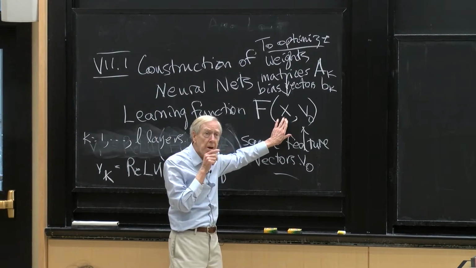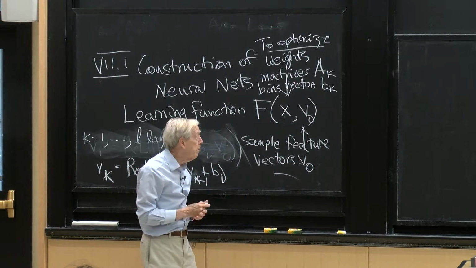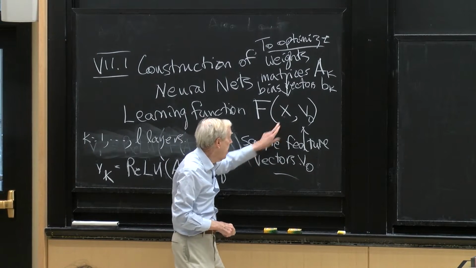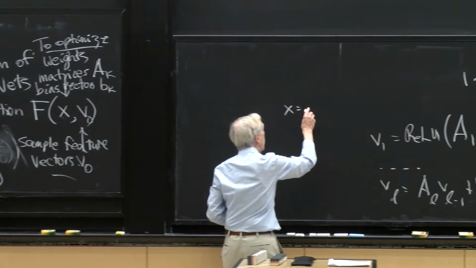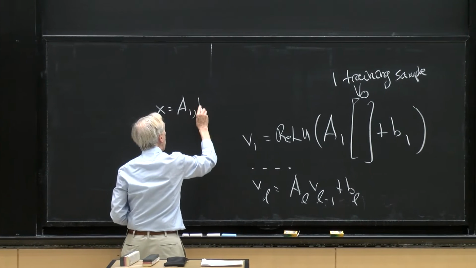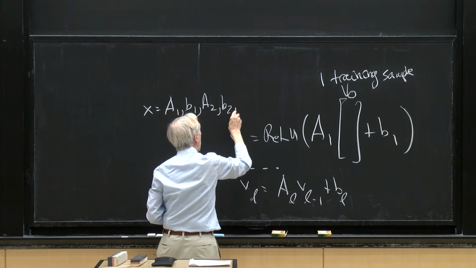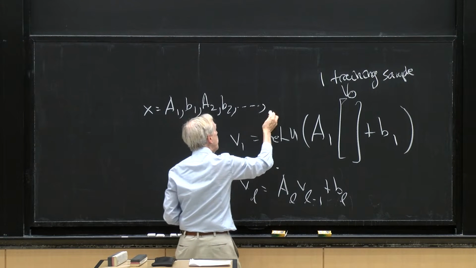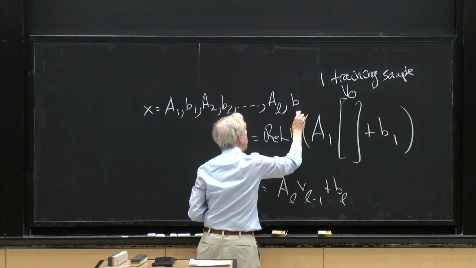That's not part of, it's X in chapter 6, where you're finding the optimal weights. So this X really stands for all the weights that you compute up to AL, BL.